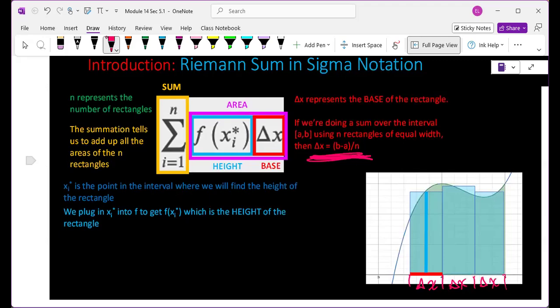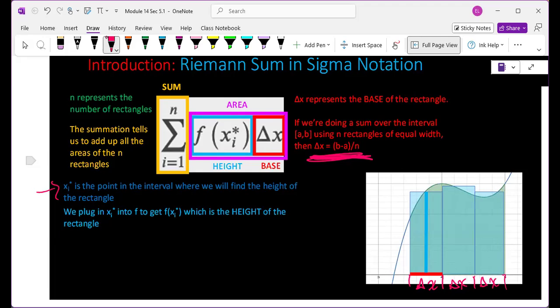A lot of people just memorize that as a formula, which is not wrong. But it's coming from just equally subdividing an interval into n widths. Then we have f of x sub I with an asterisk.